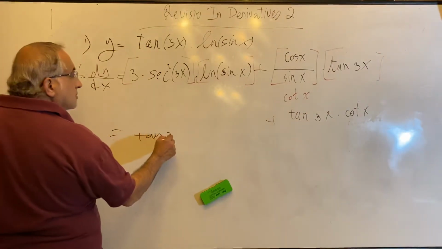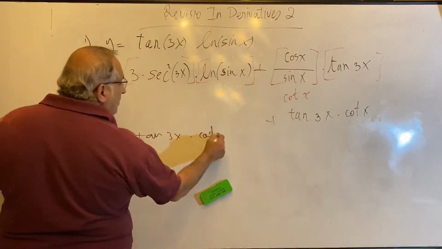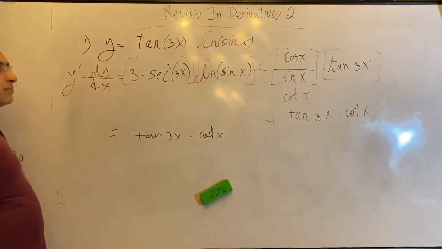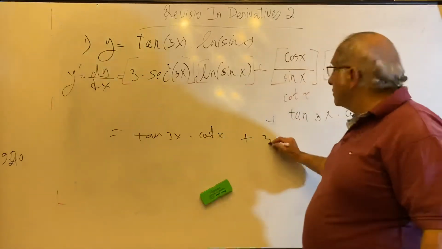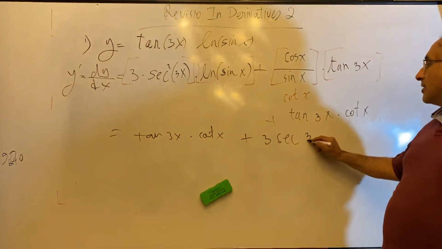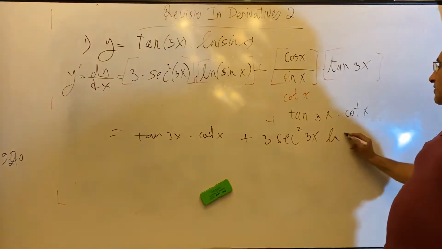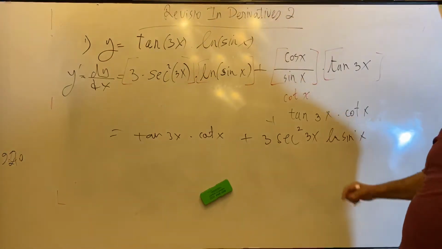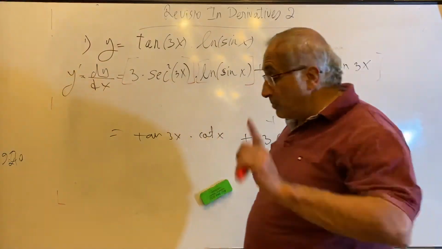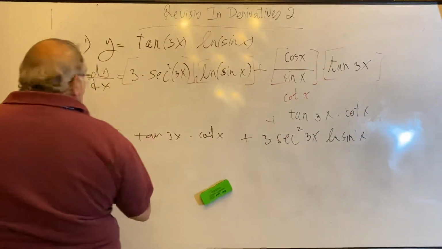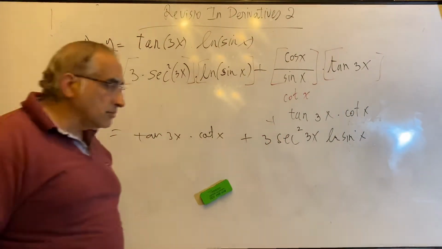Tangent 3x times cotangent x, or cos over sine. And this comes after, like that. 3 secant square 3x ln sine x. So it doesn't matter if this comes first or comes second. It's a matter of how you simplify. So be careful. You must do it by your own hand to see this. Okay? That's the first question.